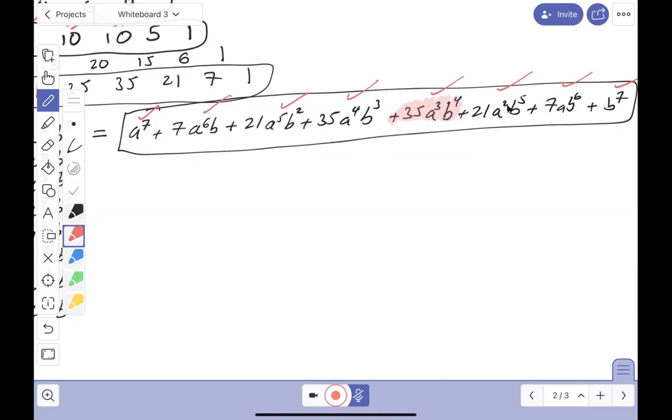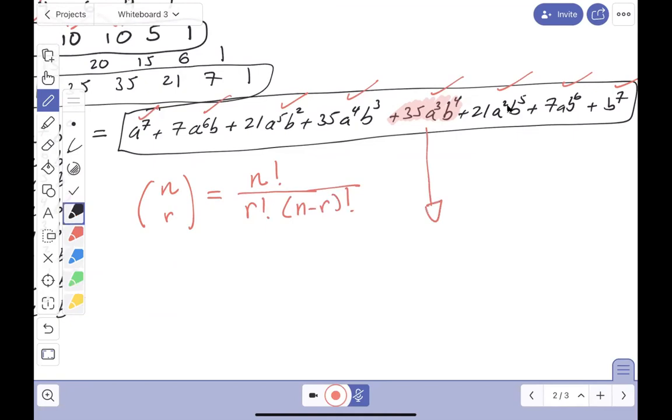So they claim it has something to do with the formula n, and then there's an r here. And this is a computational problem. It's n factorial. Yes, we've seen that before. And the bottom would be r factorial times n minus r factorial. So let's go through it for this guy right over here. What's the n in the problem?